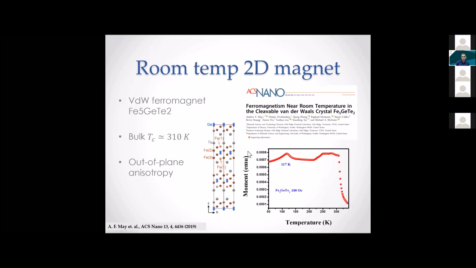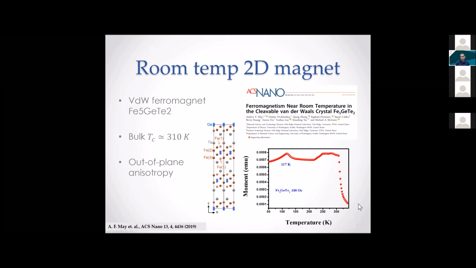And what we've decided to work with currently, our experiment works at room temperature. We're building up a low temperature experiment. Right now it works at room temperature. So we've decided to work with iron germanium telluride, which is a room temperature 2D magnet. The bulk Curie temperature is approximately 310 Kelvin, and it has an out-of-plane anisotropy.